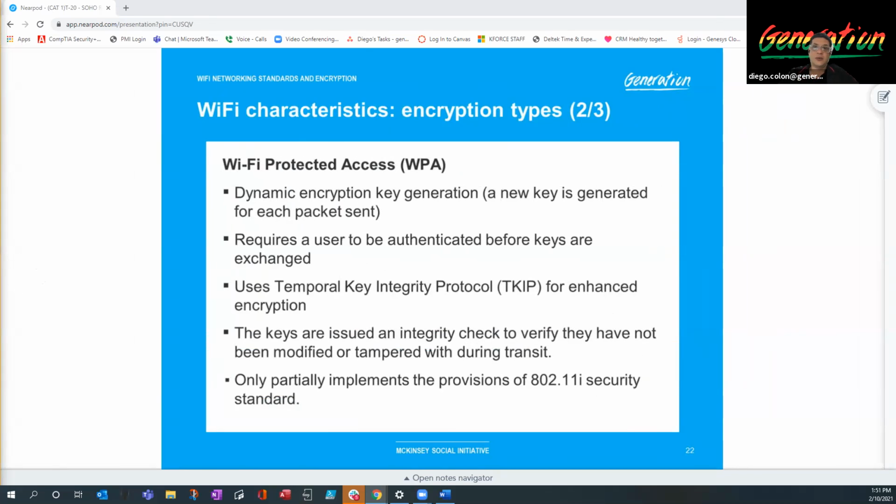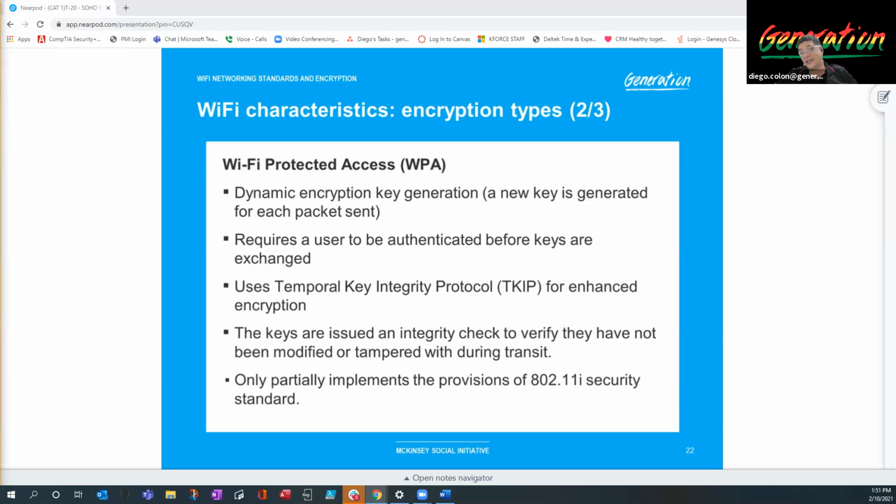The next generation that came out, which was supposedly 100 times better, was called WPA, Wi-Fi Protected Access. This has a dynamic encryption, and a new key is generated for each packet that's sent, requiring the user to authenticate, so you're still putting in the password as before.